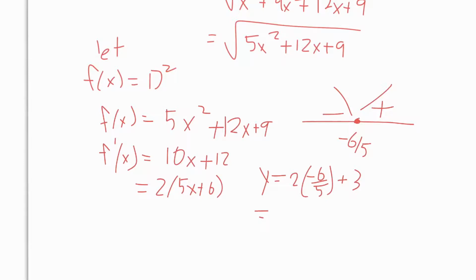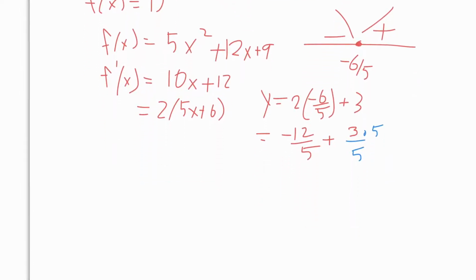So we'll get negative 12 over 5 plus 3, we should probably do common denominator here, so 15 over 5. That will give us negative 12 plus 15 over 5, so 3 over 5.